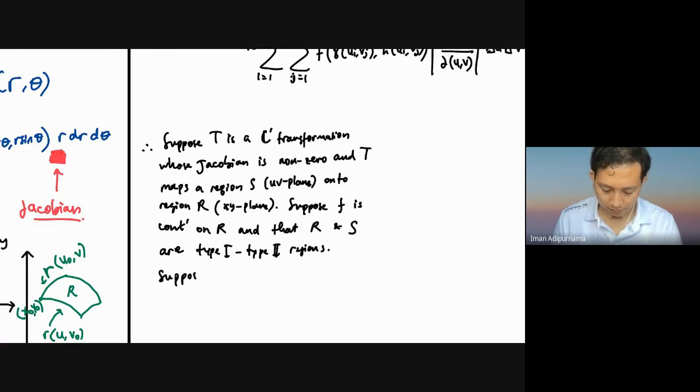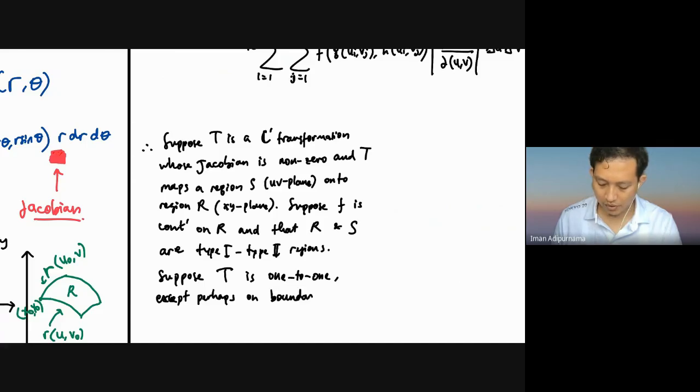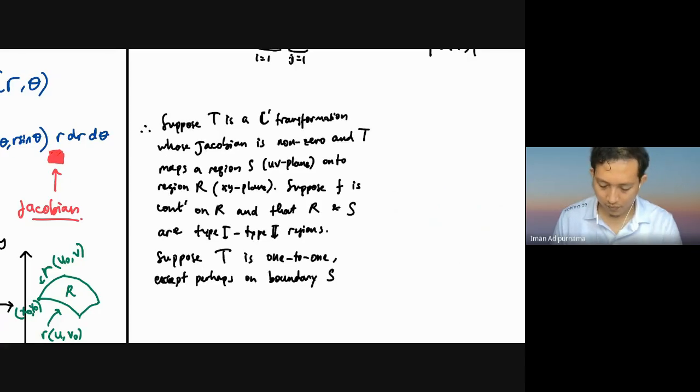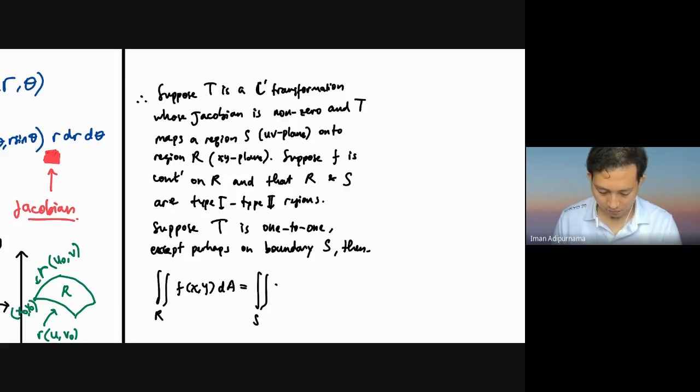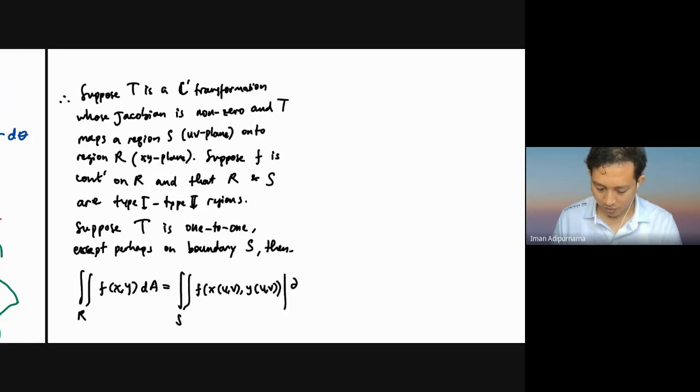Suppose T is 1 to 1, so that you can inverse that, except perhaps on the boundary itself for S. Then, and you can write the Jacobian here.